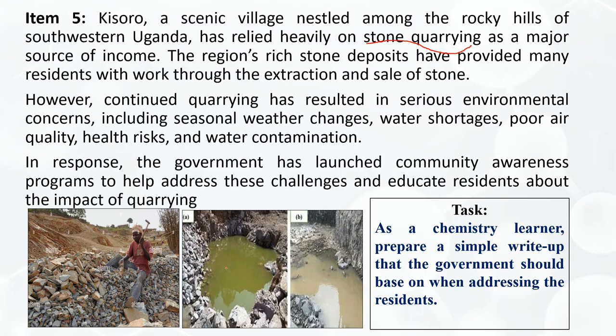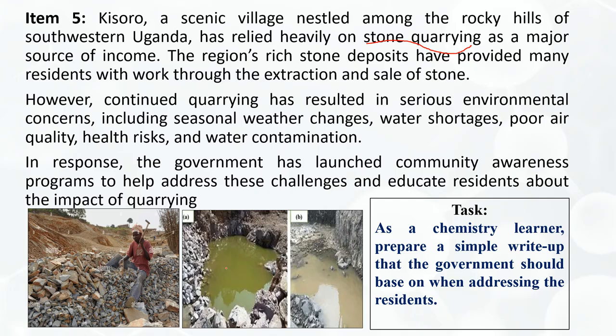Then another person will say, no. The stones are being affected. You see, they are breaking the stones into smaller pieces. Oh, so the stones are being affected. And when they break the stones, our environment is being affected negatively. That will be another person responding to the item.